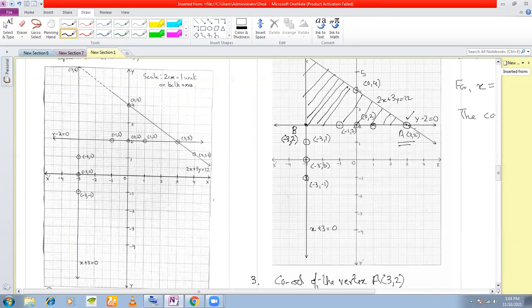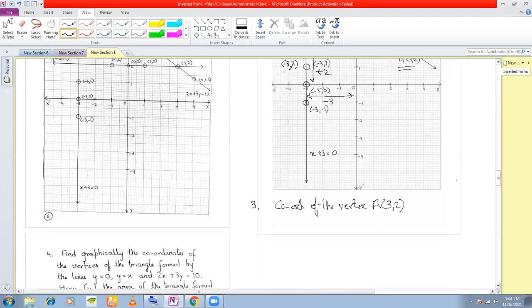Agreed? This is -3, isn't it? And how much is this? +2, right? Agreed? Yes, sir. -3, 2.